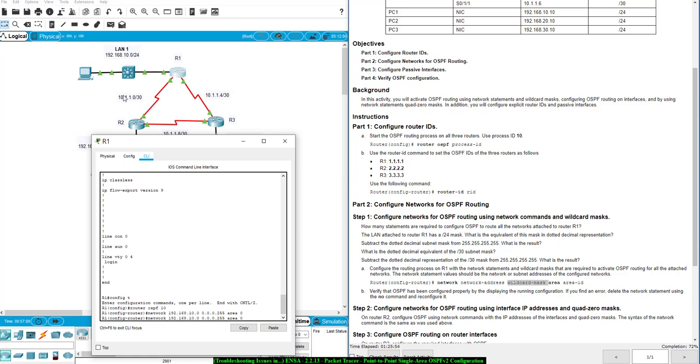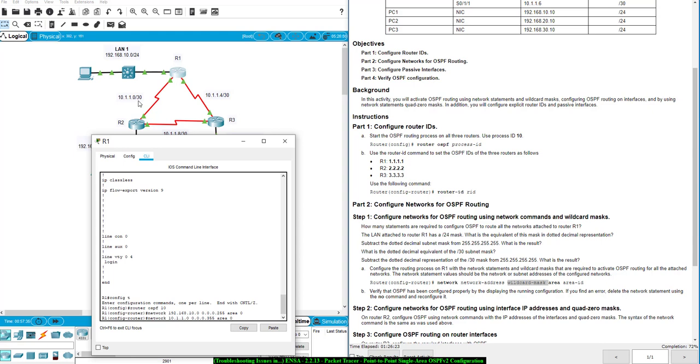The next thing we're going to do is the 10.1.1.0 network. So I'm going to take out all this. 10.1.1.0. My wildcard mask is the inverse of a 255.255.255.252 subnet, so that's going to be 0.0.0.3.